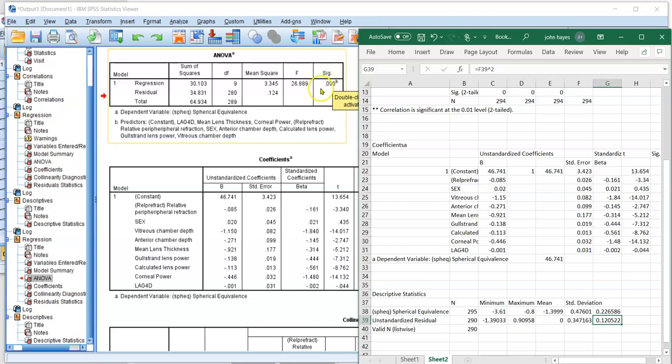So this is the probability of finding this statistic if the null hypothesis is true. And the null hypothesis is that there is no relationship between spherical equivalence and any of these variables. And it's really, really small. Very unlikely that the null hypothesis is true.